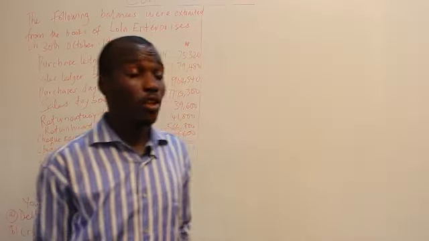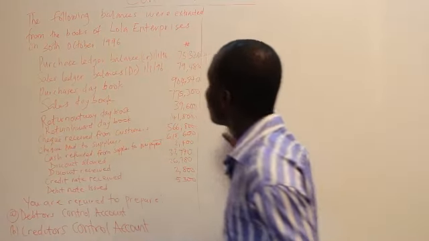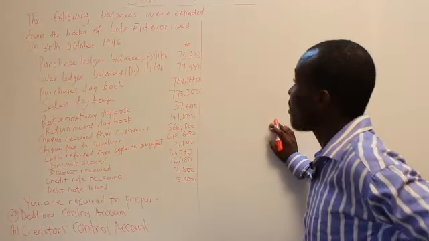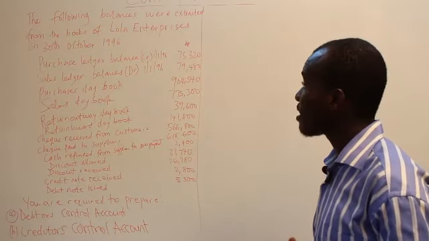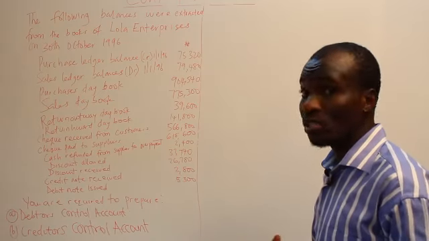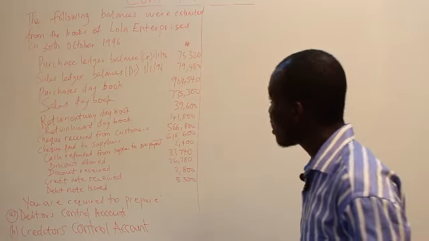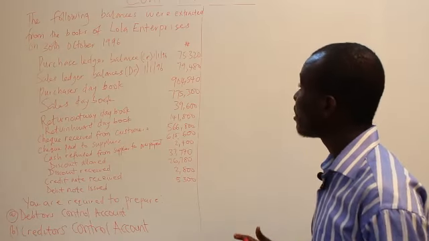Okay, we have an illustration now. That's an example, and the following balances were extracted from the books of Lola Enterprises on 30th October 1996. We have the purchase ledger balance, which is the balance of the creditors at the beginning, as at 1/1/1996, which is 7,320.